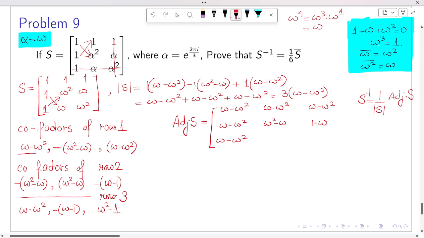So this we have done wrong. The cofactor of this entry is omega square minus 1. So this is 1 here. Next is 1 minus omega and omega square minus 1, and transpose. Okay, so after transposing, we get this matrix.